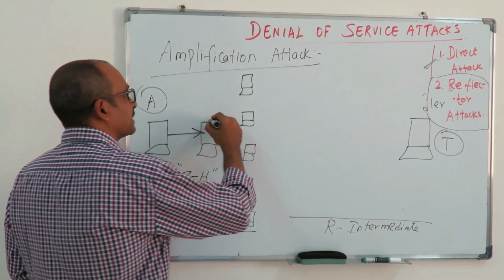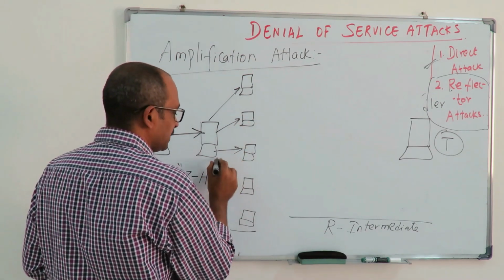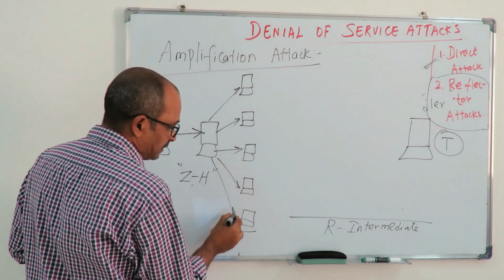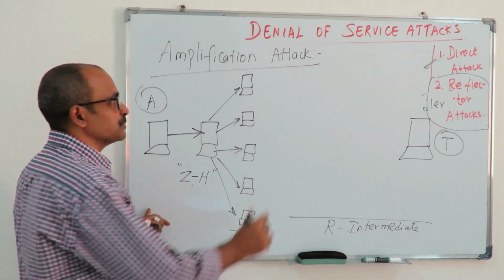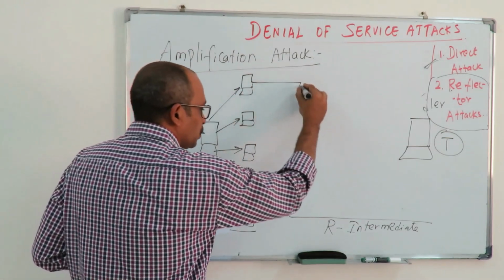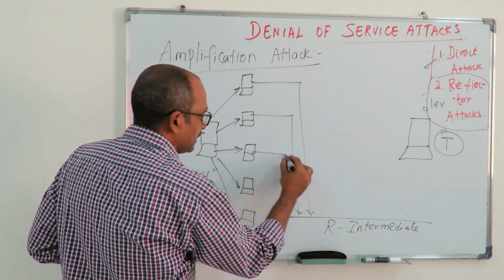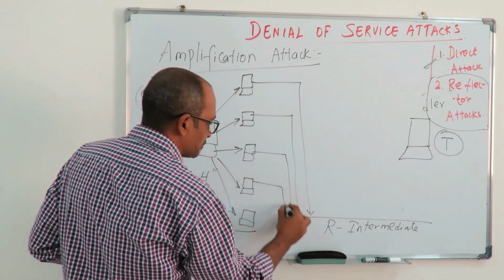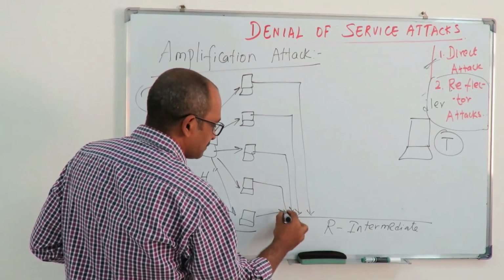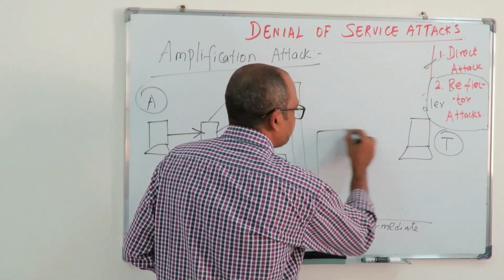The zombie handler is giving the instructions to the zombie network completely. Then from the zombie network, the attack is going to be transferred to the reflector intermediate machines. I am going to give only 5 lines here, and for example, these 5 lines will be converted into 25 replies.